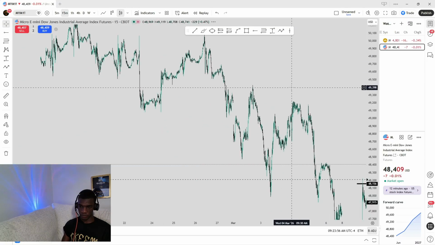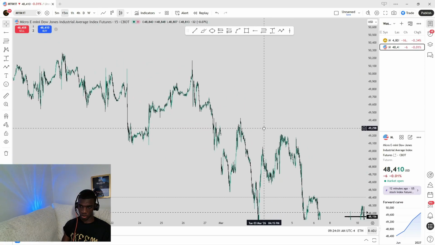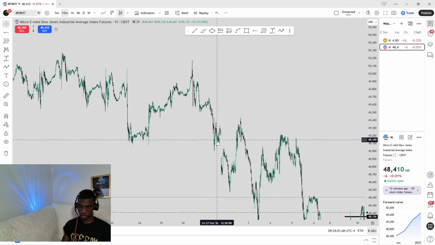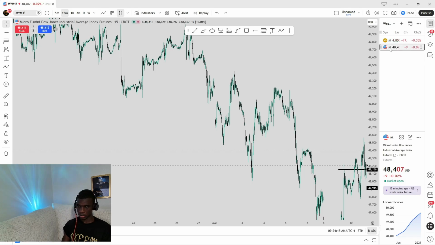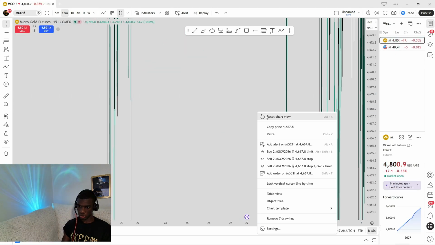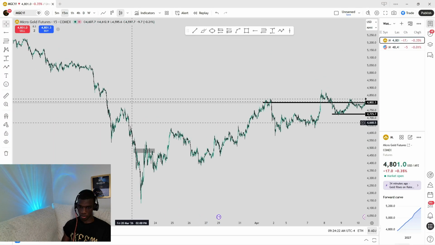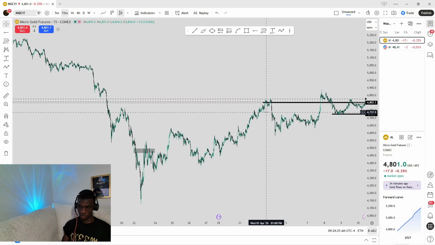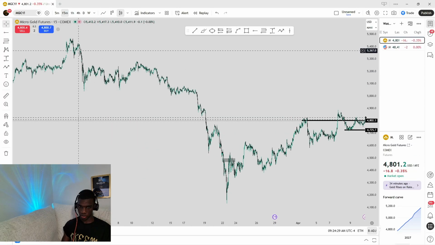Oh, US 30 has been volatile, bro. Yeah, since February this has gotten volatile. Very lower high, lower low. You could enter for a sell here. March 2nd, March 3rd. I think it's the same as when gold was selling off. No, that was way before that. Like here.